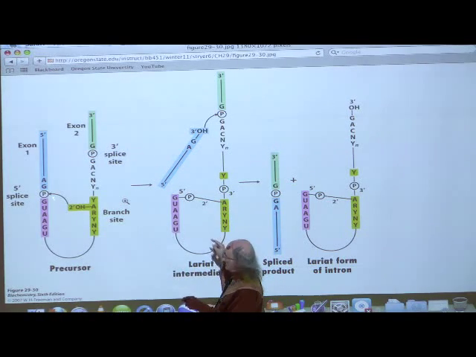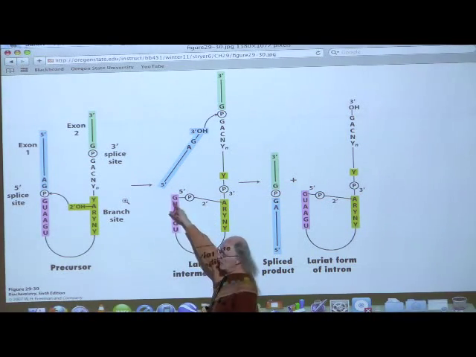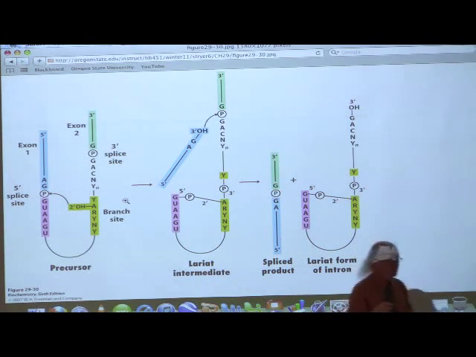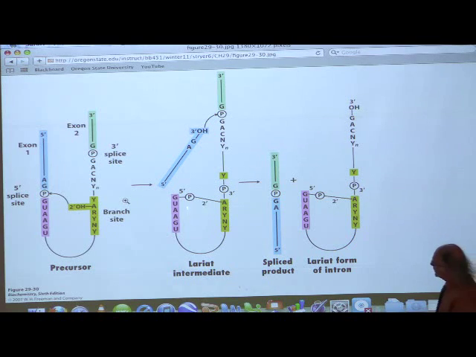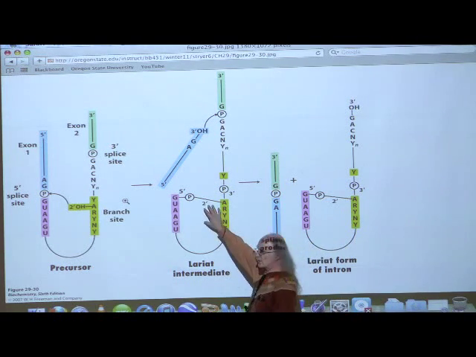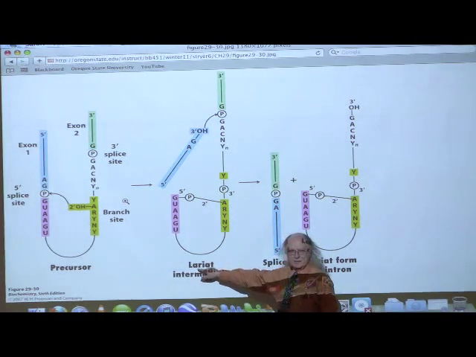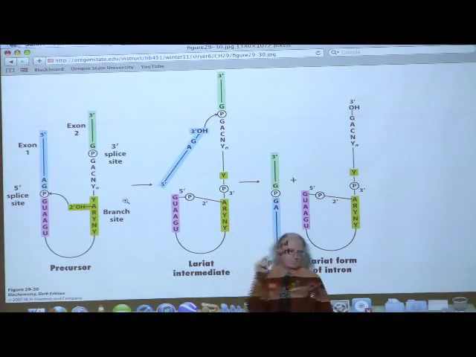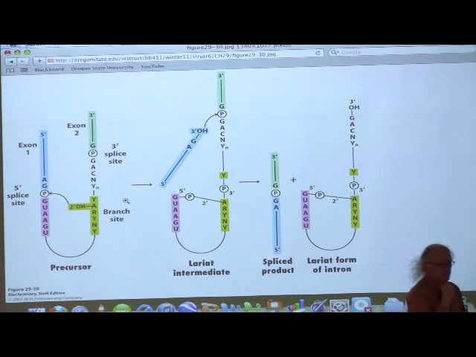The result of this attack is that a phosphodiester bond is created between position 2 and that phosphate. Okay? Now, at this point we have something that starts to look like what people describe as a lariat. This is the lasso part of the lariat. But we haven't finished the splicing process.